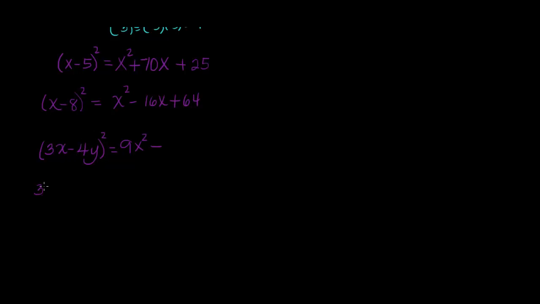So let me write that: 3x times negative 4y times 2. That gives you a total of negative 24xy. And then the last term we said is always positive, which is 4y squared, which is squaring 4, that gives you 16, and squaring y, which gives you y squared.